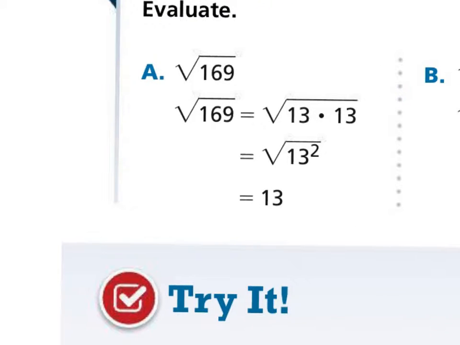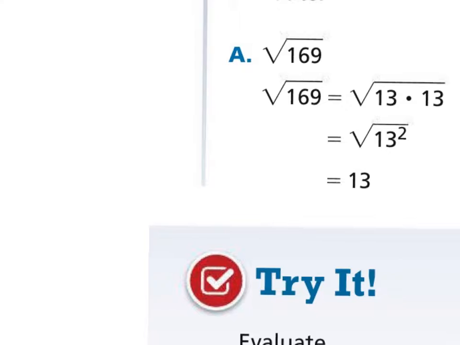Rather than just strictly guessing, you might notice an observation: if they both end in 1, 1 times 1 is 1. So anything that ends in 1, possibly the number could end in 1.